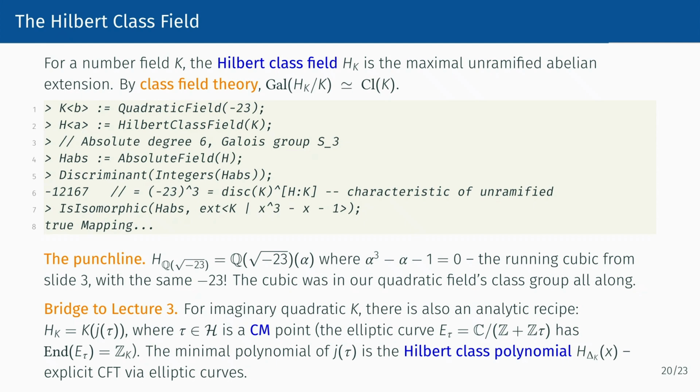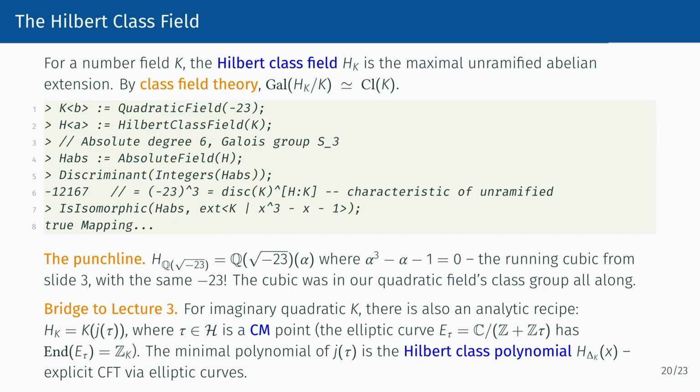If you're looking at an elliptic curve represented by a lattice, this lattice has a basis where one of the basis elements is 1, and the other is a complex point in the upper half plane. This is this tau here. And if this elliptic curve has more endomorphisms than usual.